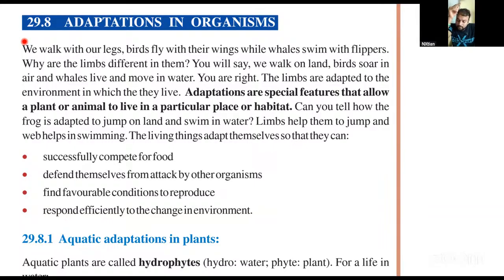Basically, for example, when animals are living in a specific area, that is how they are adapted to it.